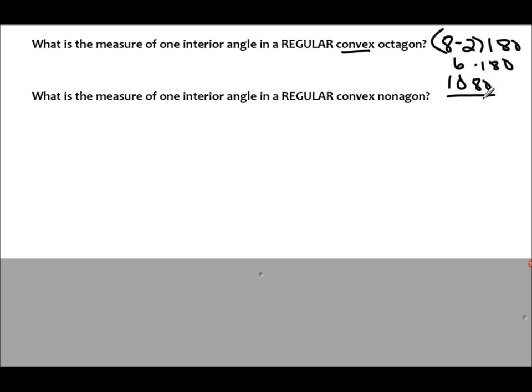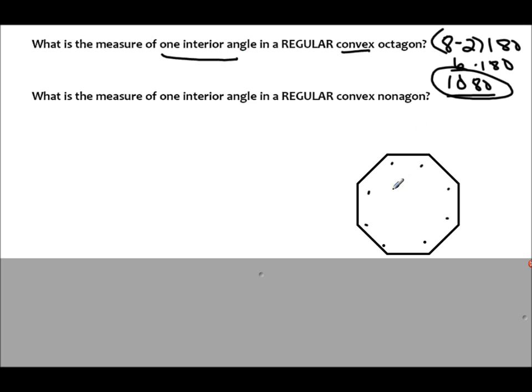This 1080 represents the sum of all the interior angles of a regular octagon, or of any octagon. So here, let's just say that this octagon is regular. That means that this angle, this angle, and so on, all 8 of them, equal 1080 degrees. Now, how do I find one of those interior angles? Well, if it's regular, that means all of the sides are congruent, which also means that all of its angles are congruent.